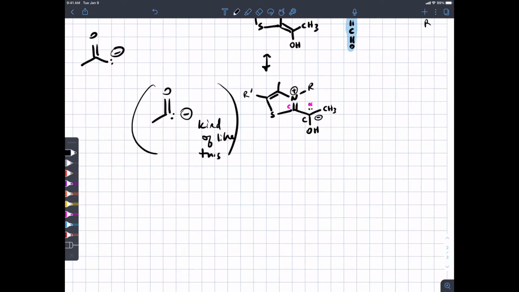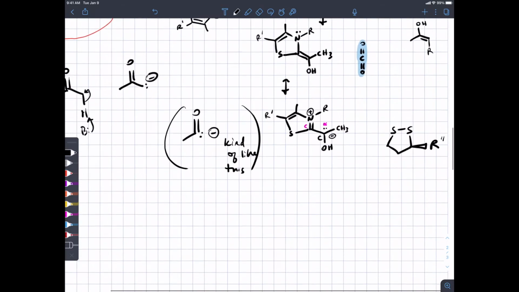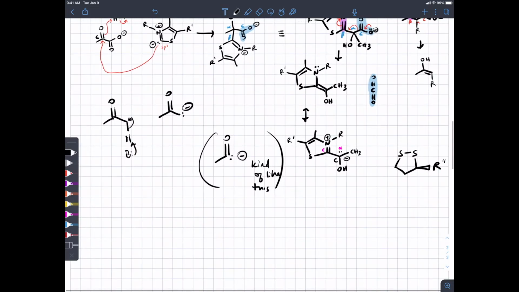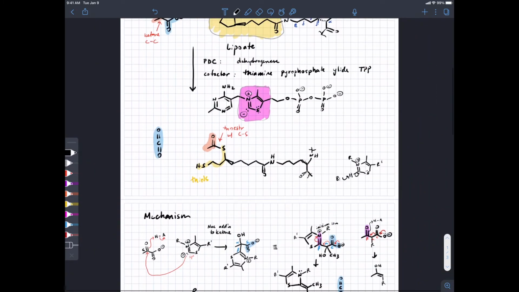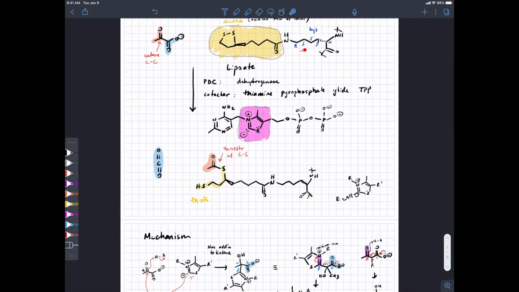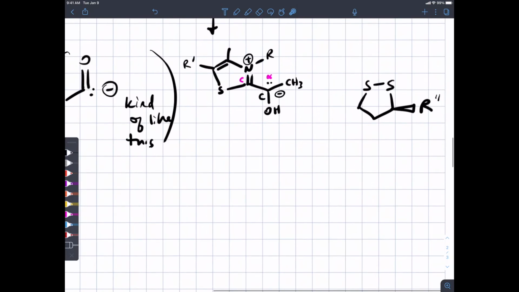All right. So what's going to happen now is this molecule that's nucleophilic on what used to be the ketone carbonyl carbon, that's going to attack the disulfide of the lipoate group. Okay, remember that's up here. I showed you this is an extended arm, a modified side chain in the protein, and that's held in the active site.